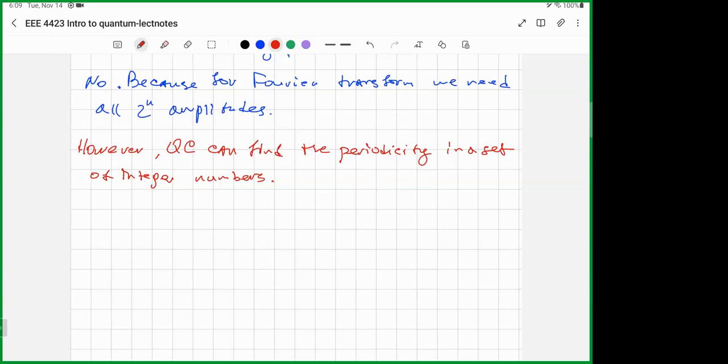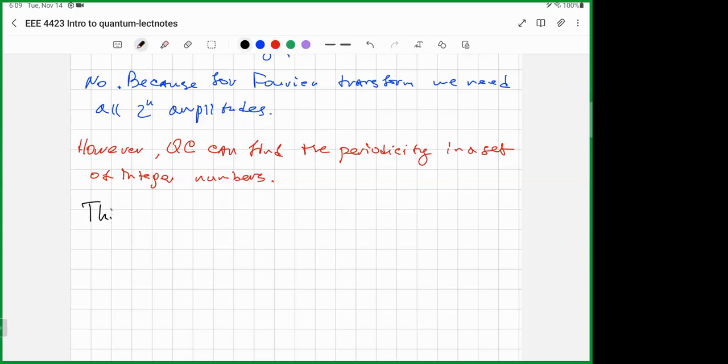So where can it be useful? It's claimed to be useful for factoring a number, which is a product of two prime numbers.